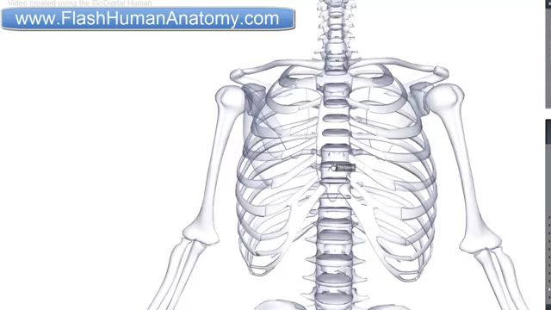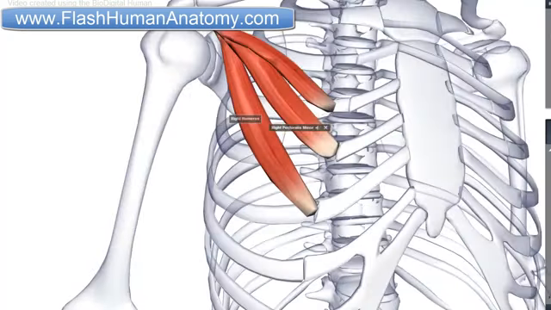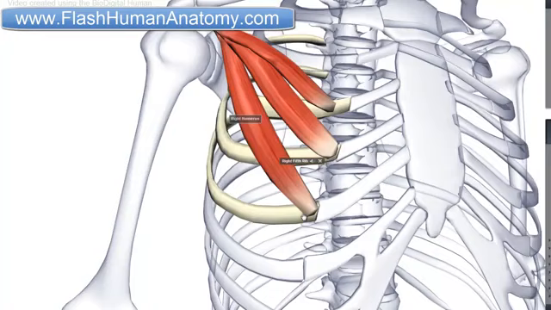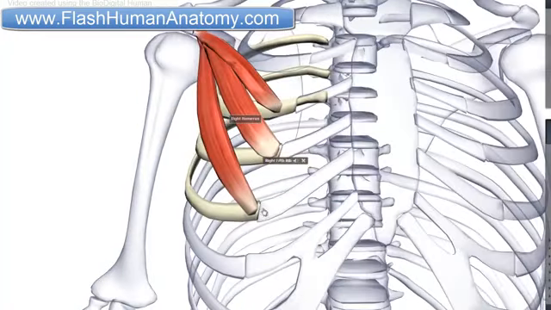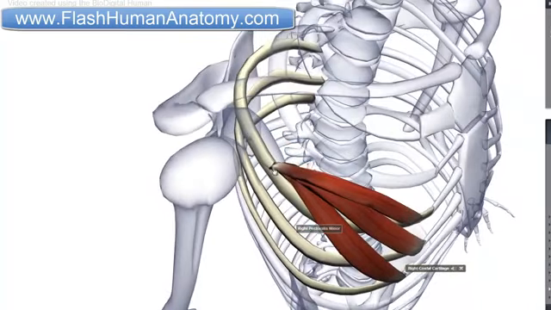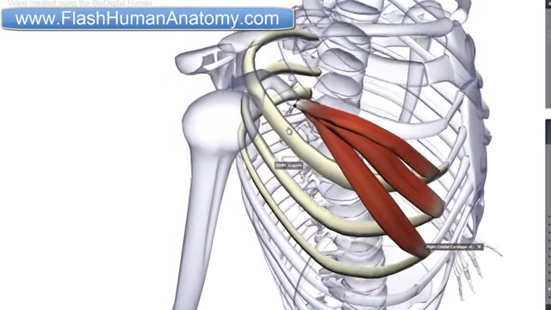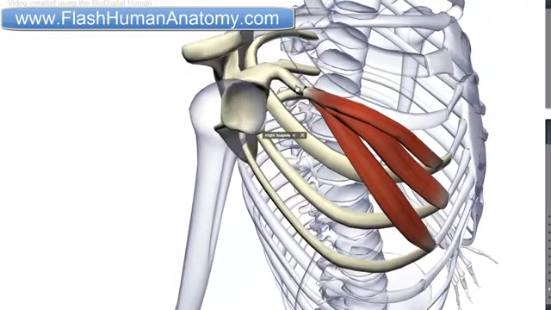Now I should talk about the pectoralis minor. And here is the pectoralis minor. The origin of this muscle is right here on the ribs, and actually the 3rd, 4th, and 5th rib, right close to their cartilages. The place where it attaches is here, the medial border and the superior surface of the coracoid process of the scapula.